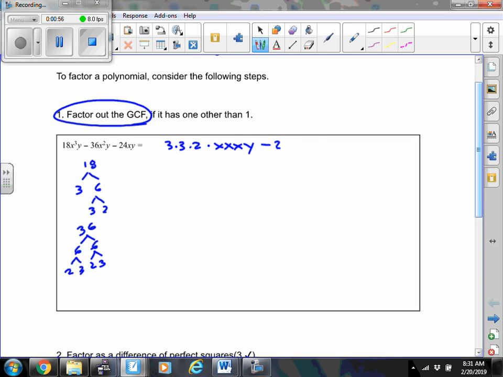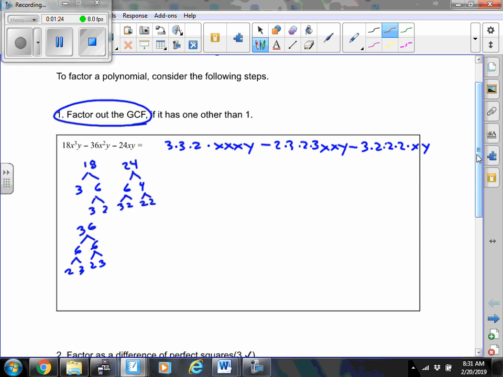So that's 2 times 3 times 2 times 3, x, x, y. The last one is 24. 24 factors out to, let's say, 6 and 4, 2, 2, 3, 2. So subtract 3 times 2 times 2 times 2 times x times y.